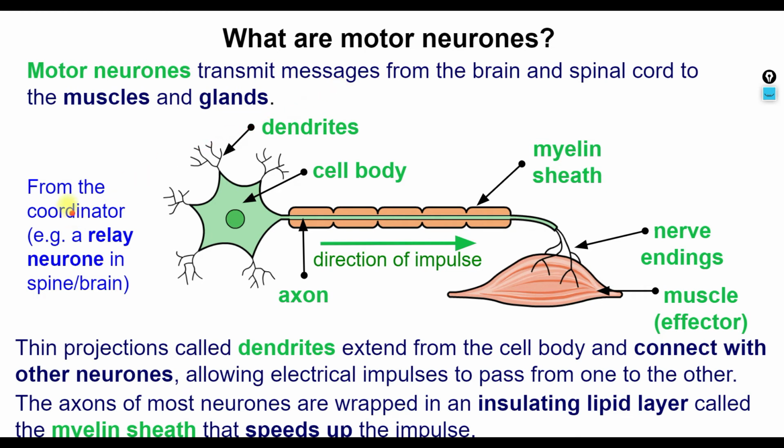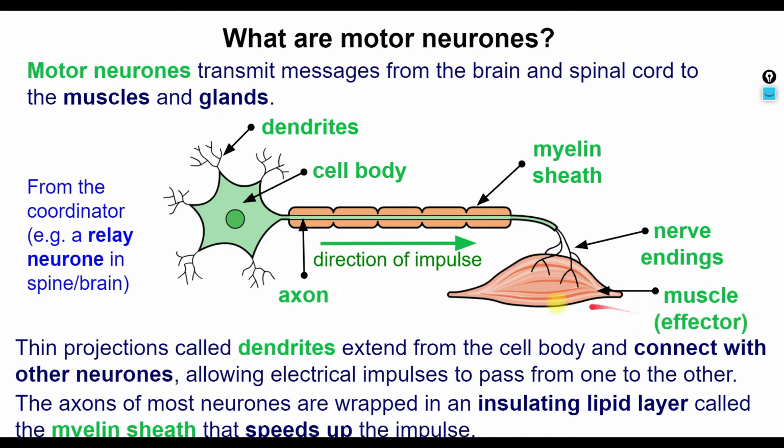Motor neurons connect from the central nervous system. They connect from the coordinator. The coordinator is usually a little neuron called a relay neuron, and they carry the electrical signal all the way to an effector.